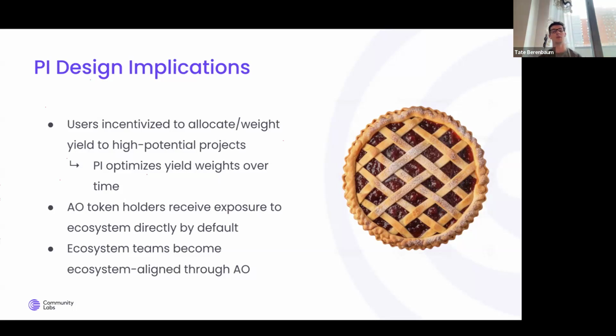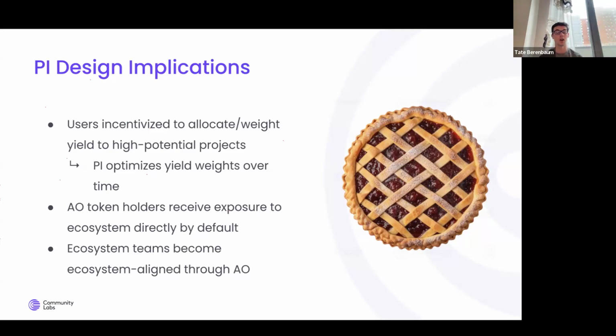And the cool outcome of that is that Pi copies what those allocations are, weighted across the amount of capital that people are depositing. So Pi is essentially optimizing the yield weights over time to allocate towards the highest potential projects by looking at what other people are doing in real time.